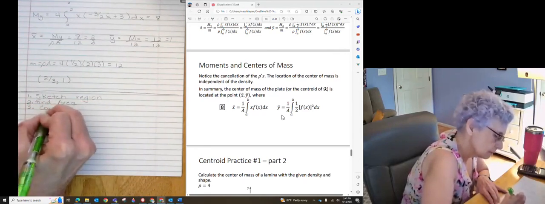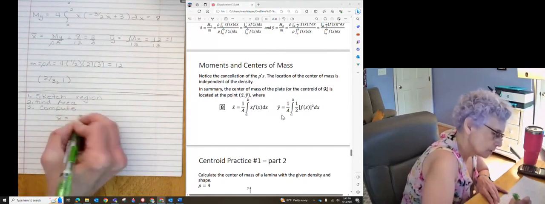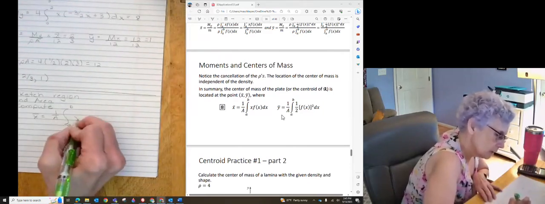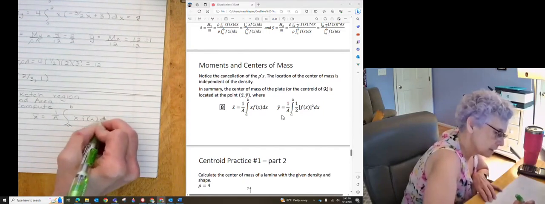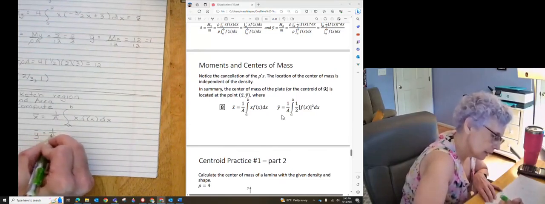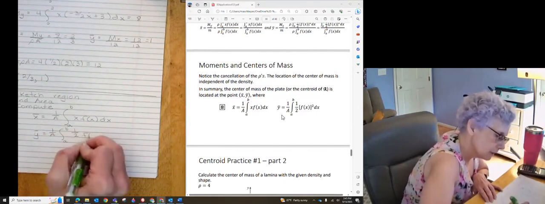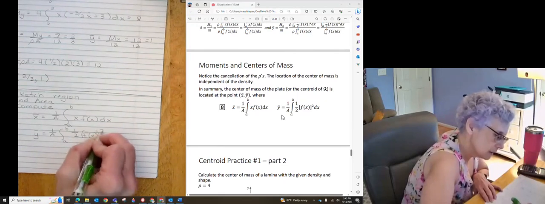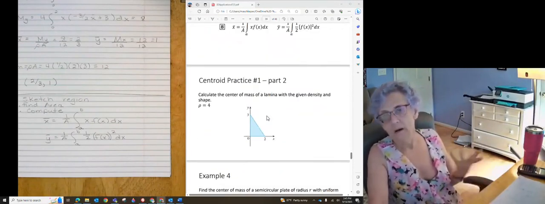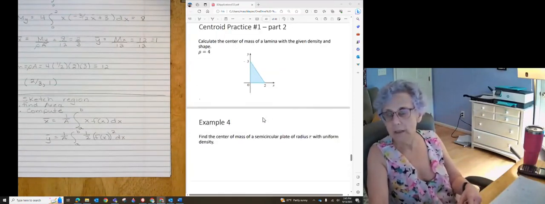And then compute x bar, which is 1 over A times the integral from one end to the other, x times f of x dx, and y bar, which is 1 over A integral from a to b, 1/2 of f of x squared dx. And now I went ahead and found x bar and y bar for that problem.